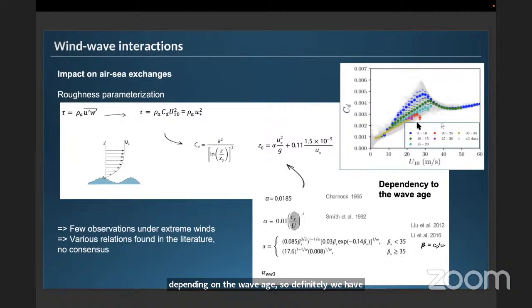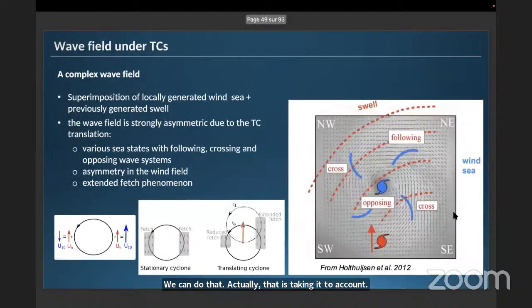And when we are coupling wave and atmosphere, we can actually do that, taking into account this variability of the drag coefficient depending on the wave age. Then, just an illustration of how it can be important, for example, in the case of tropical cyclones. In tropical cyclones, we are at the edge of the distribution, so very, very strong winds.